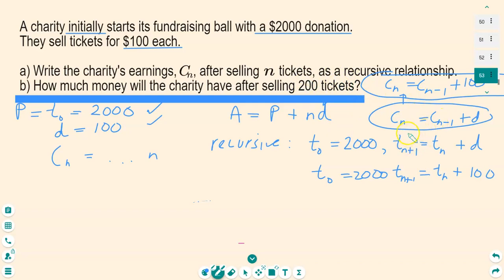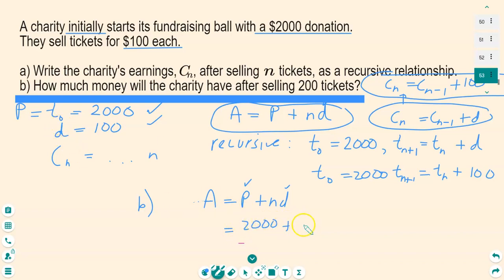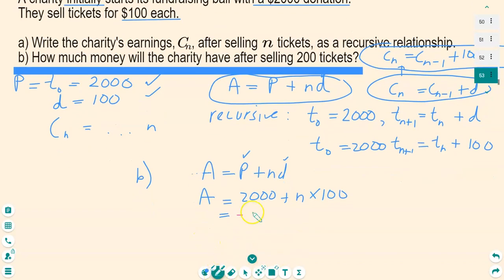So we actually want to use this one. Now, we want the rule for the nth term. A equals P plus ND for part B. And we know that we need P and D to define it. P was 2000 plus N times D was 100. So that's our general rule.